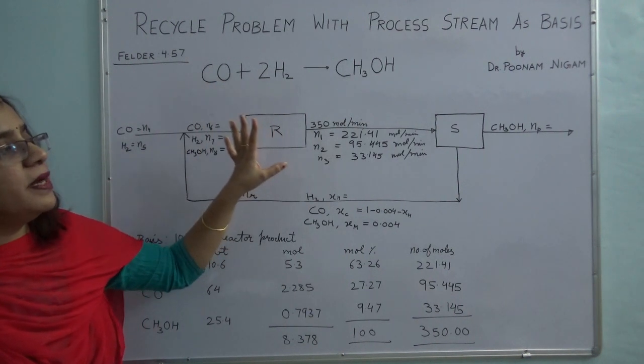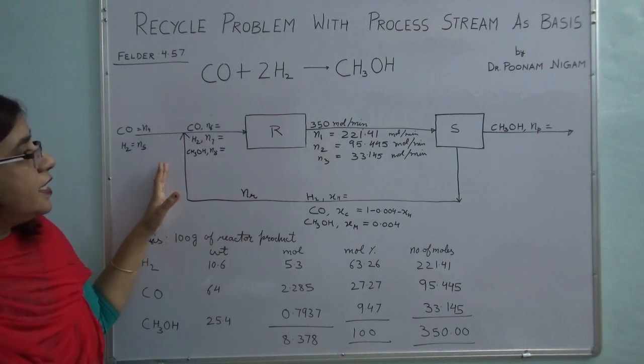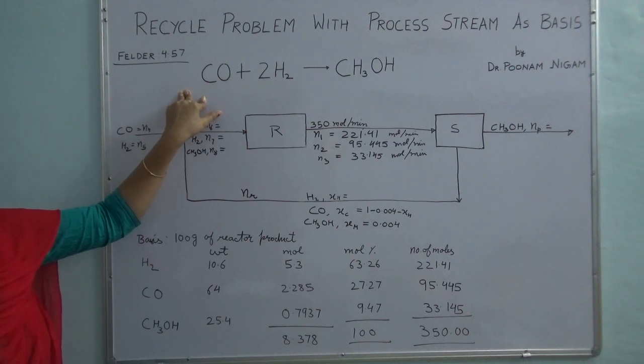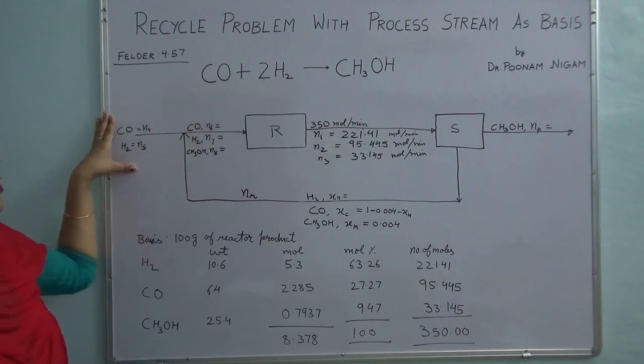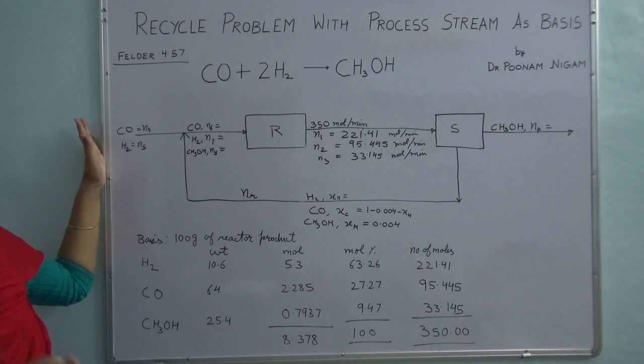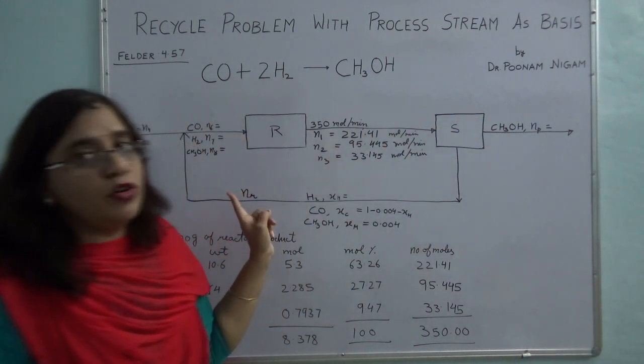If I am using my molecular species balance, then in that case also I have only 3 independent molecular species balances which I can write. There is no other process specification, so degree of freedom is 1. You can try with any other methods, your degree of freedom will not come out to be 0. So I cannot start with the overall balance.